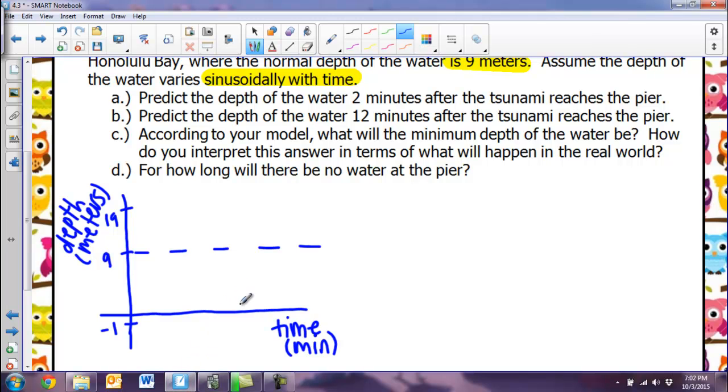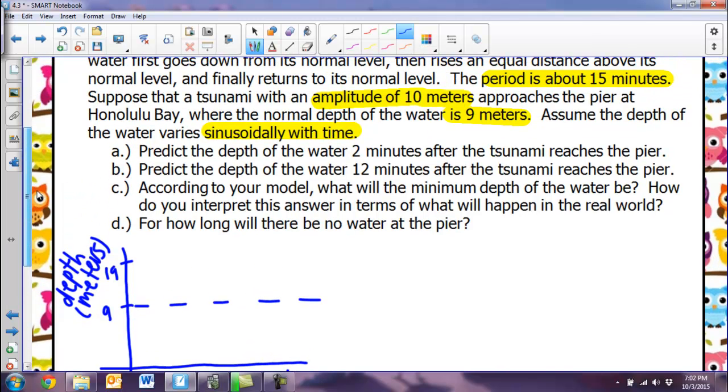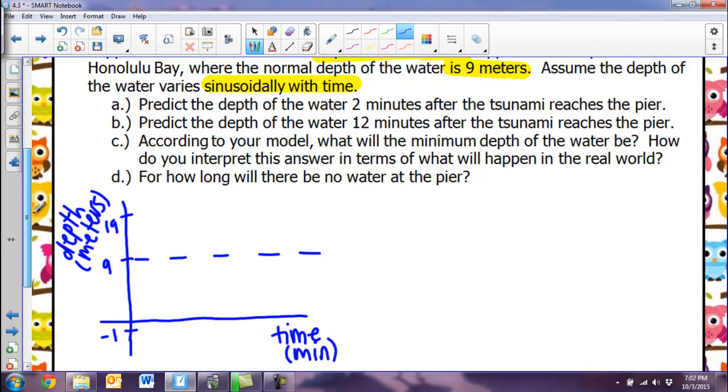The first time that they tell you is that the period is 15 minutes. So it's going to start at its normal level. Starting would be right here at 0, and after 15 minutes, it's going to get back to that point. So if you remember, with sinusoidal functions, we're going to have 4 different critical points in here. So in order for it to have gone up and then gone to the middle, that would be half of 15, so that would be 7.5.